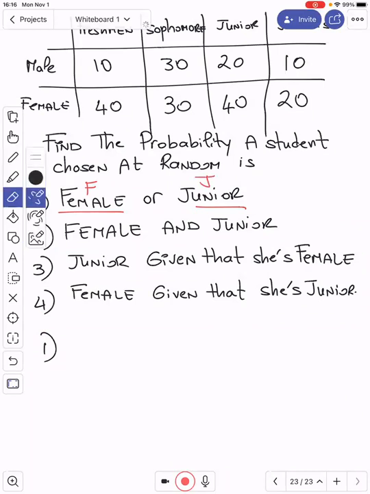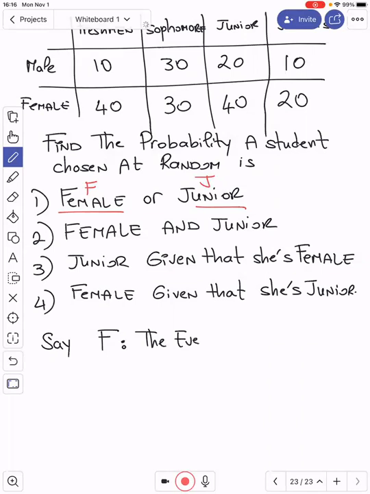So F is the event in which the student is a female, right?